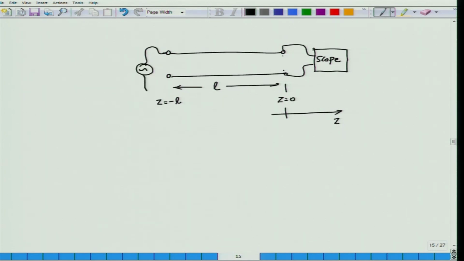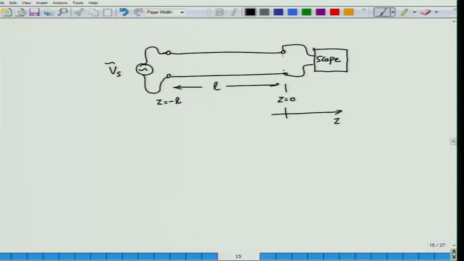I have a sinusoidal voltage source here, which in the phasor domain produces a constant phasor, which we denote by Vs with a tilde on top of it. Now, let me ask you, what is the value of V0 plus? Can I find V0 plus for this particular transmission line? Turns out that yes, I can very easily do that.